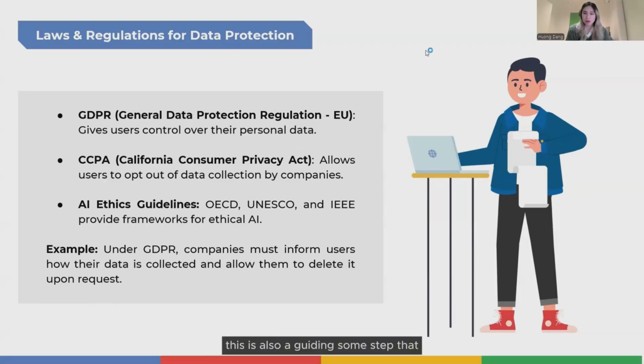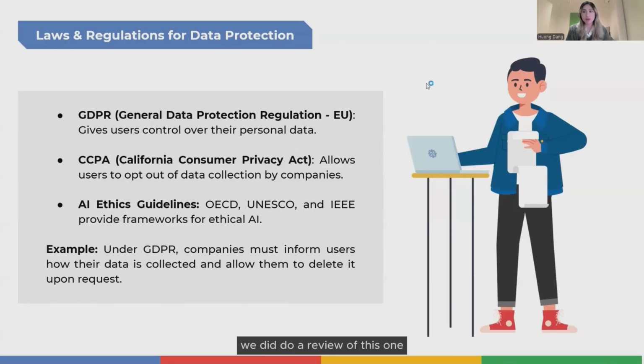This is also guiding some steps toward giving individuals more control over their data. And of course, one of the recently drafted AI ethics guidelines is a combination from big organizations like the OECD, UNESCO, and IEEE, providing a framework of best practices for this guideline.